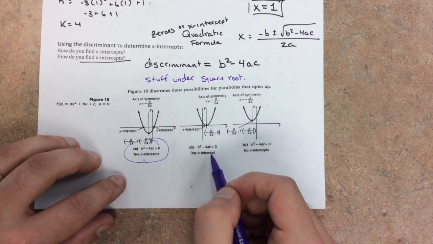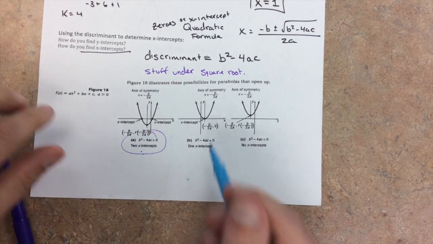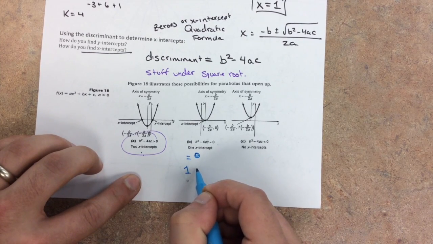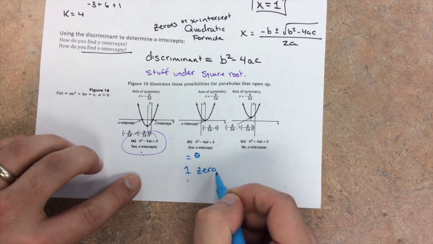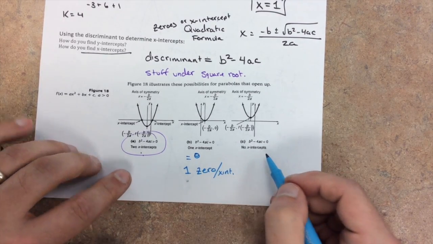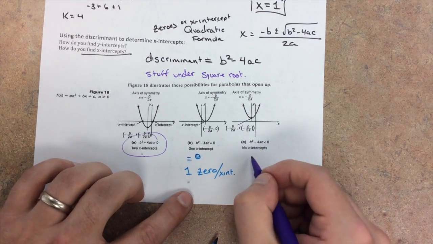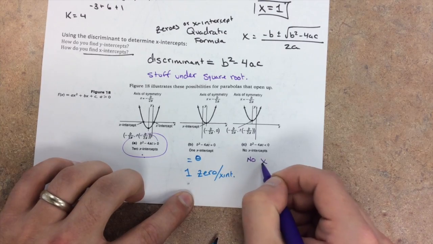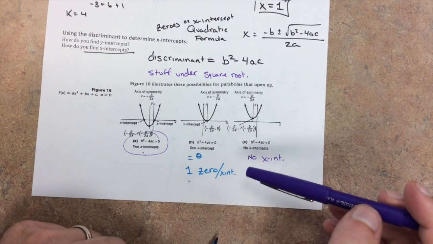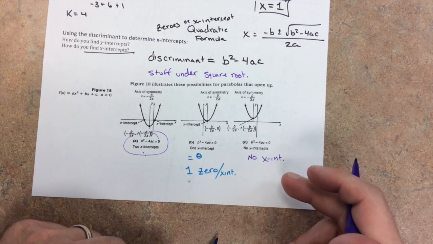If we check the discriminant and we see that it equals 0, then we have 1 x-intercept. If b squared minus 4ac is negative, then we have no x-intercepts. The reason we're going to be using this is as a quick check to see how much work we're going to have to do.